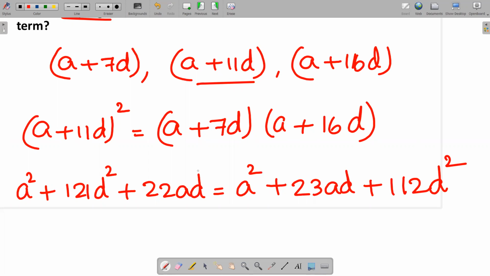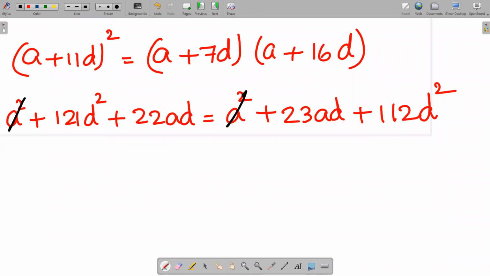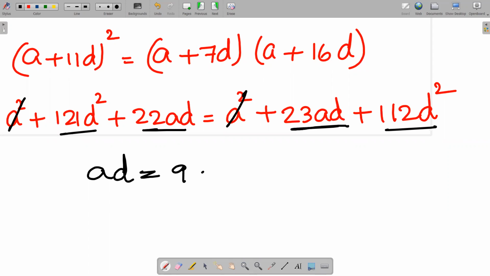Now, here I can cancel A square and rearrange the terms. I can see there is a 22AD here and a 23AD here. So AD is equal to 121D square minus 112D square, which is nothing but 9D square. By rearranging the terms, I have AD equal to 9D square.